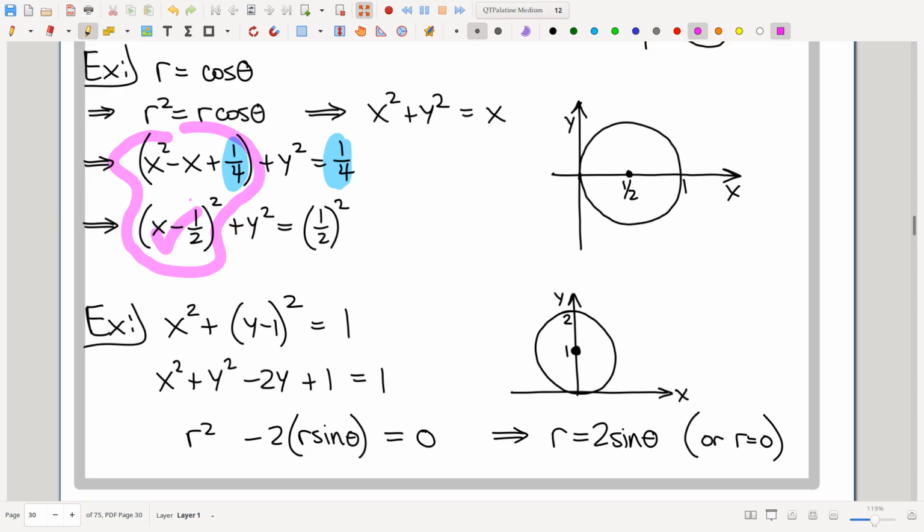Completing the square is very useful, and this is a nice example of it. So make sure you're good with completing the square. If you aren't, I'm sure there's a million online resources. If you don't find any you like, come on into office hours and I'll show you how I do them. But one way or the other, make sure you can do that.